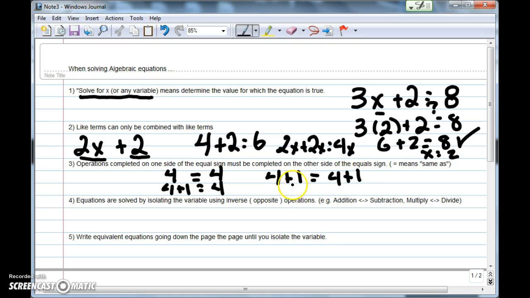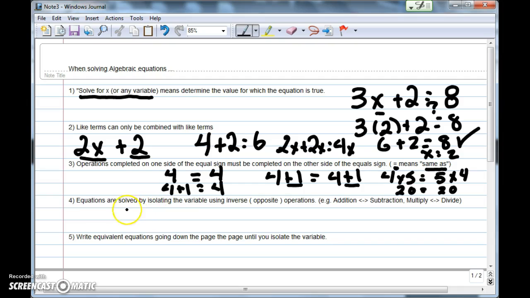So as long as we do the same thing to each side of the equal sign, we're fine. So 4 times 5 does equal 5 times 4. In both cases, we're multiplying, and these are the exact same at 20. So as long as we're doing the same thing to both sides of the equal sign, we maintain the equality, and we make sure that equals means the same as. They always stay the same.